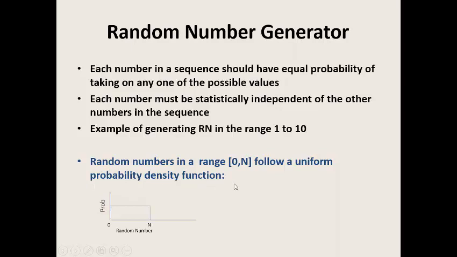The random numbers that we will use in the Monte Carlo simulation are from 0 to 1, and all these numbers must agree with the uniform distribution.